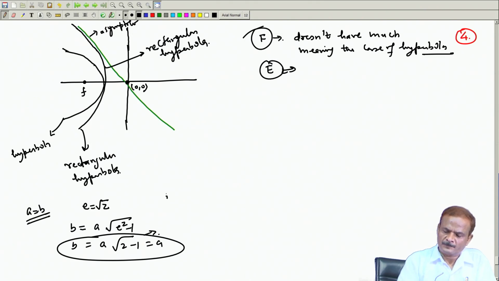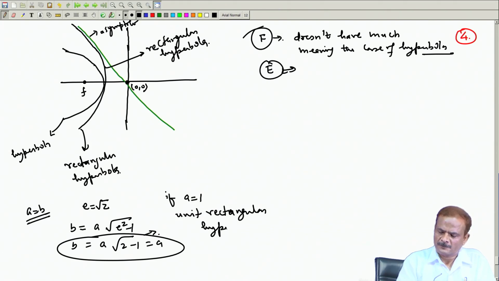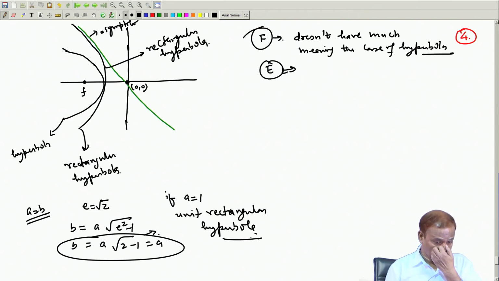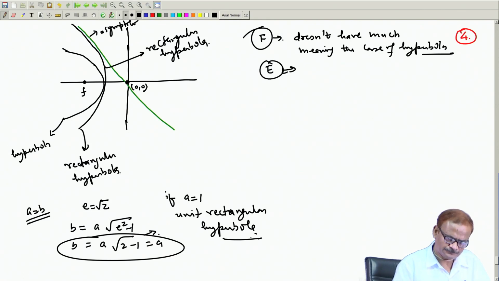And if a equal to 1, this is called the unit rectangular hyperbola. So, this concept is used for finding out what we are looking for, the f, how it is described.